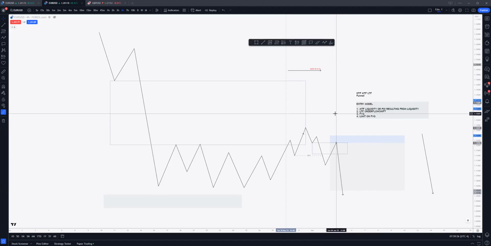This whole entry model is focused on getting engaged in the market. It's not about getting the highest RR. It's just about getting inside the moves as they happen. Because for me personally, and I don't know about you guys, when I miss a move, it messes with my psychology. If I'm waiting for this all morning, and the 1 minute never comes and it just taps in and starts going, that really messes with my psychology.